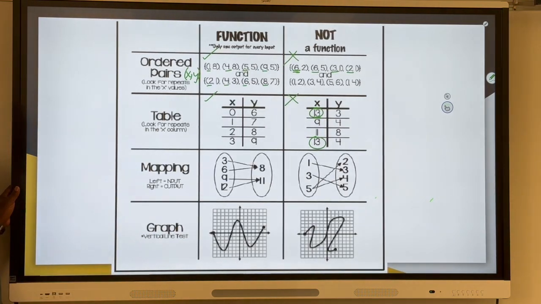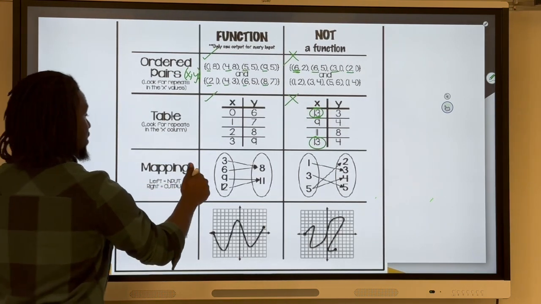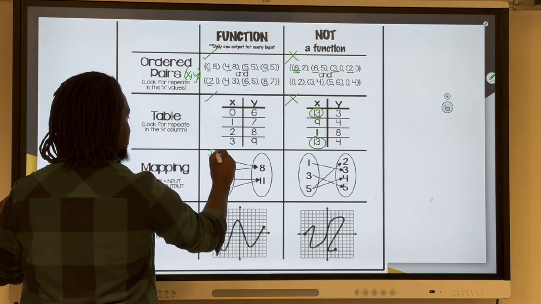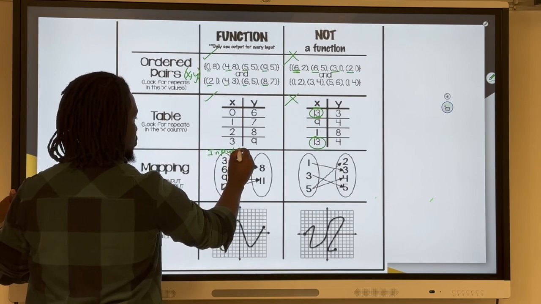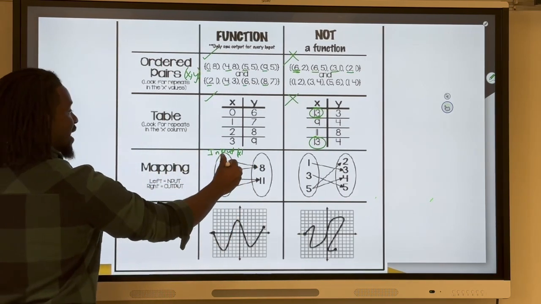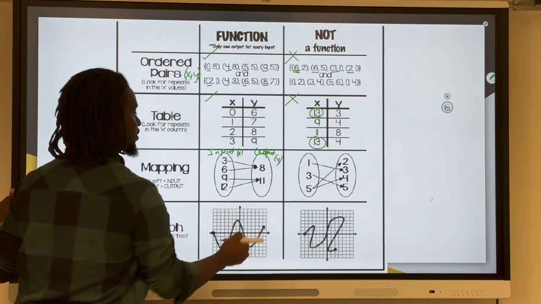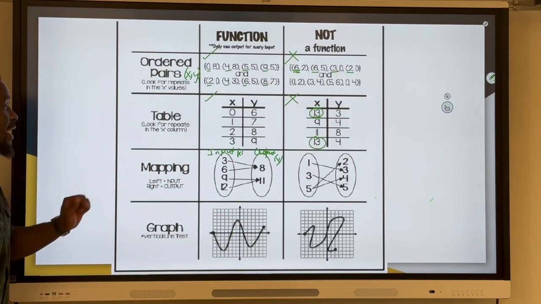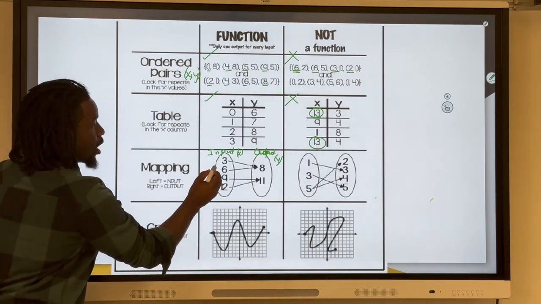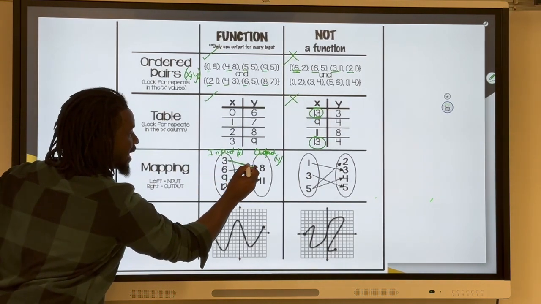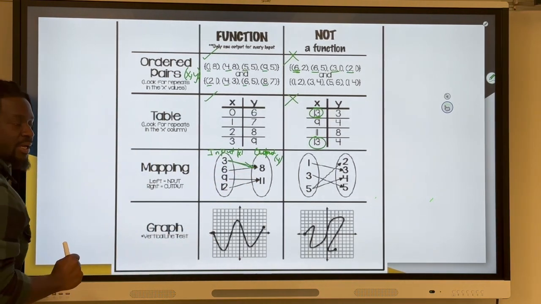Let's look at these maps. Okay? When you have a map, the left side is the input, or the x. The right side is the output, or the y. Okay. So for it to be a function, only one line can be drawn to the other side.